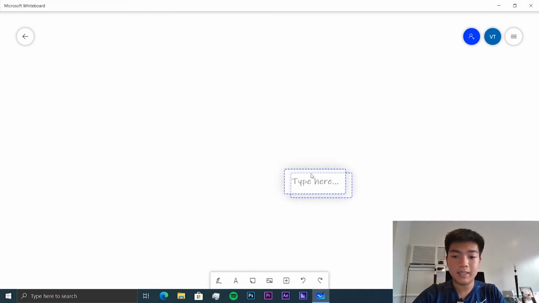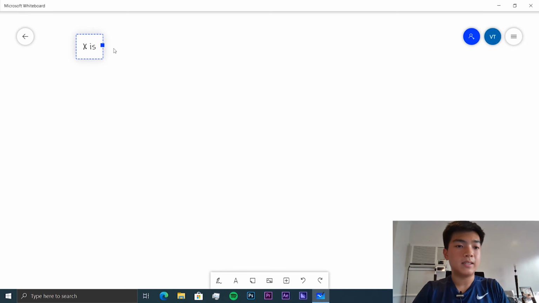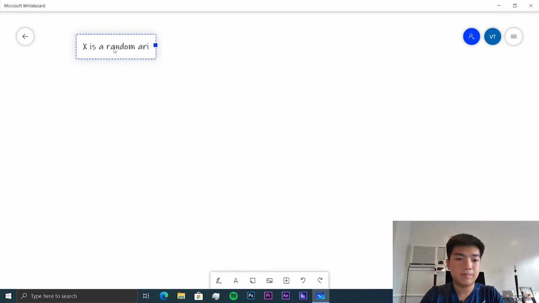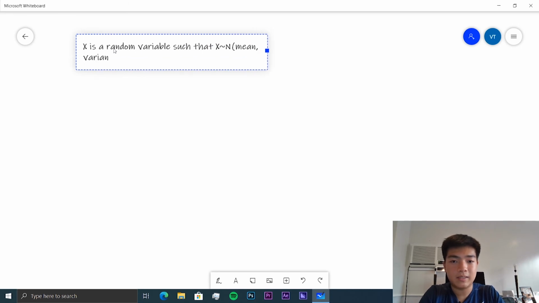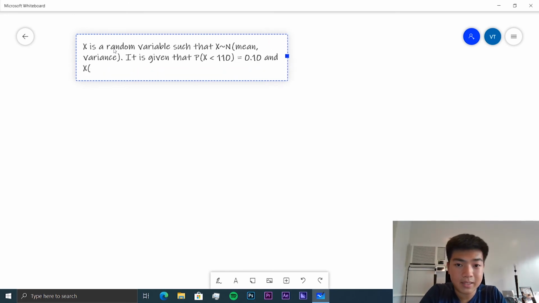So the final question is, x is a random variable such that it's modeled by a normal distribution with mean and variance. It is given that the probability of x being less than 110 is equal to 0.10, and the probability of x being greater than 130 is equal to 0.45.